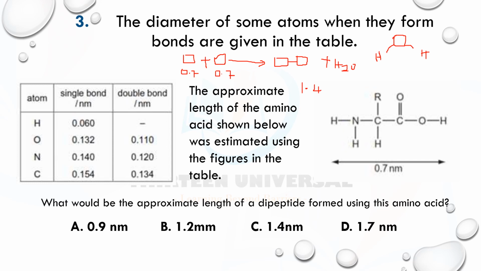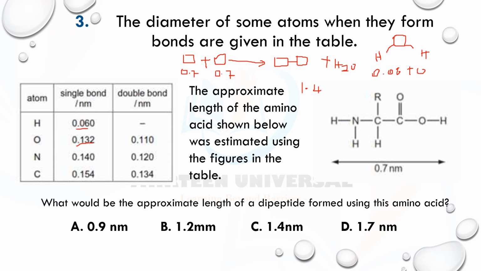Remember that hydrogen single bond, that's what we have here. In water, oxygen pairs with hydrogen with a single bond, and that is 0.060. Plus oxygen single bond, that's it here, 0.132, guys.